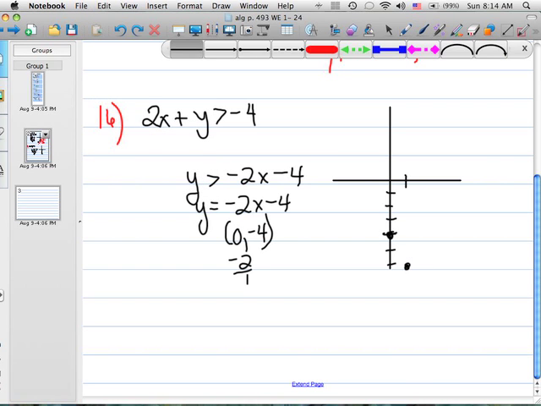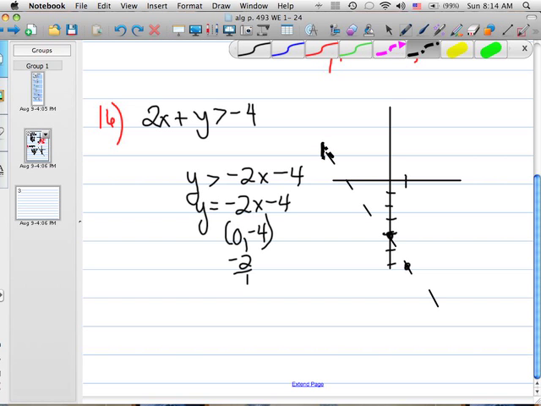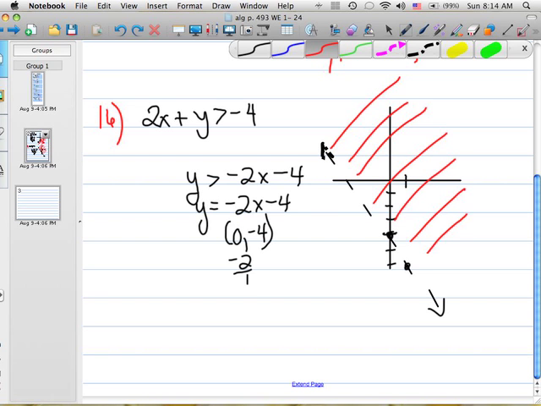Okay, maybe if I try this. And it says greater than, we never turned anything, so it's going to be shaded above. And you can always pick a point and double check.